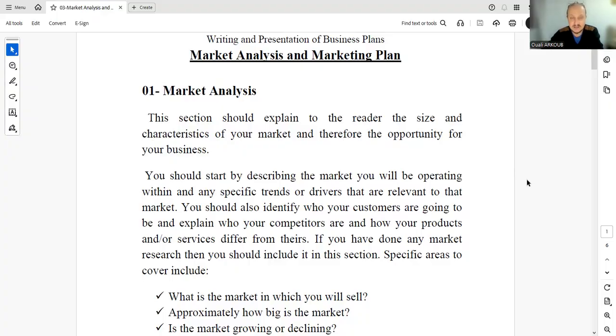You should start by describing the market you will be operating within, and any specific trends or drivers that are relevant to that market. You should also identify who your customers are going to be, the nature of your customer, and explain who your competitors are, and how your products or services, for a startup of products or services, differ from the other competitors.